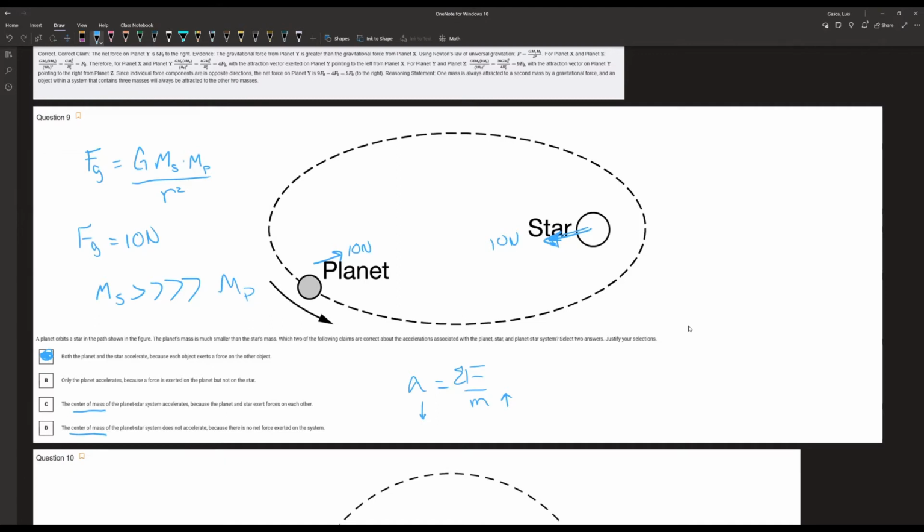Your forces are going to be equal and opposite, so they cancel out, and there is no net force on the system. Individually, each of these objects has a net force, but as a system, the force between them is internal, and there is no net external force. So there's our answer choice. Very good.